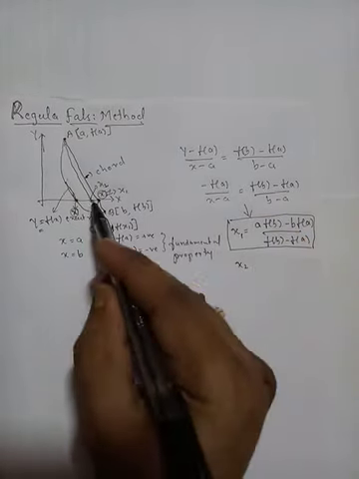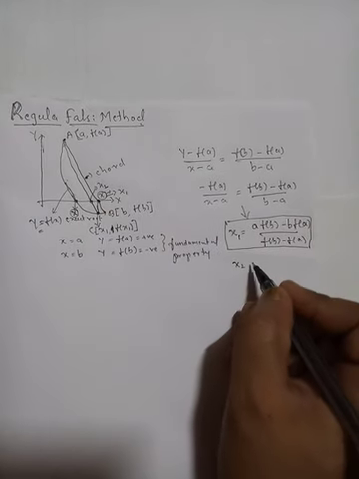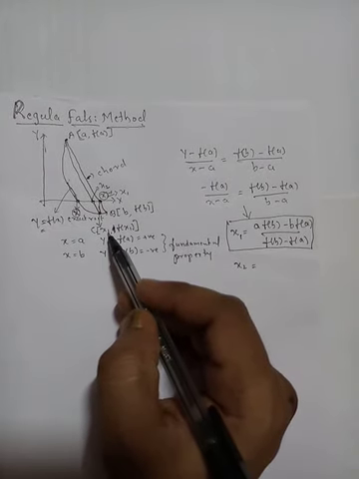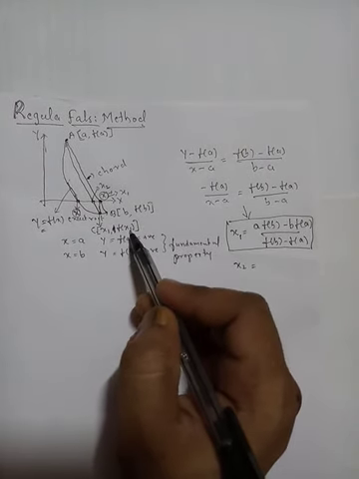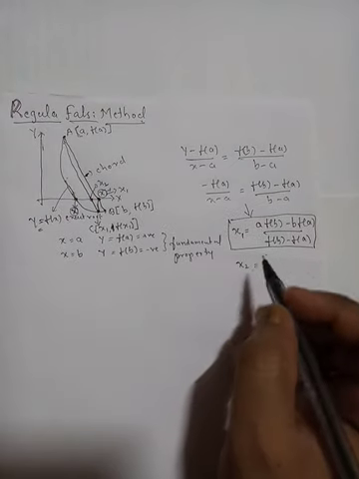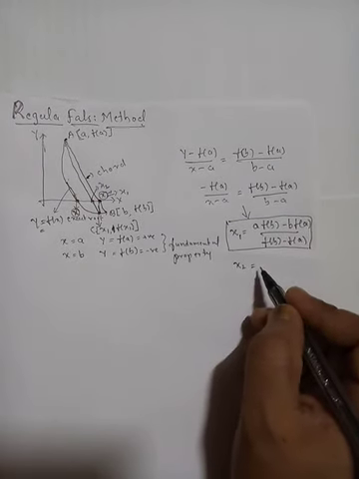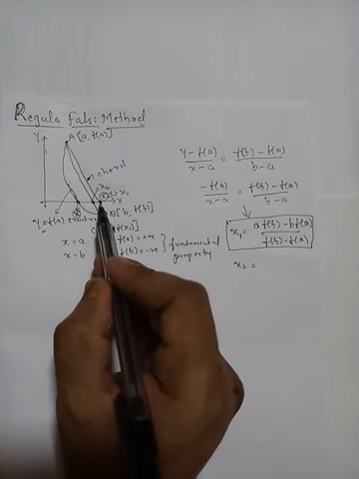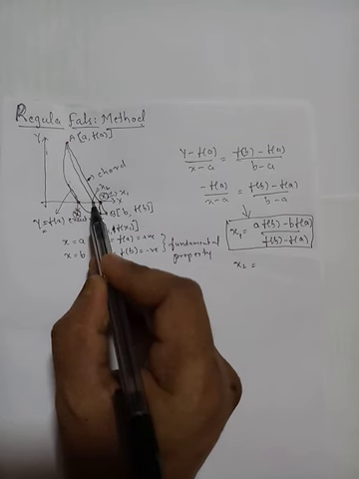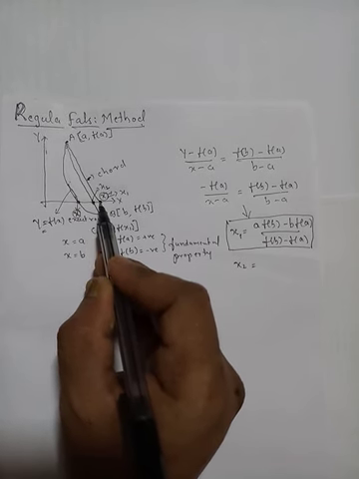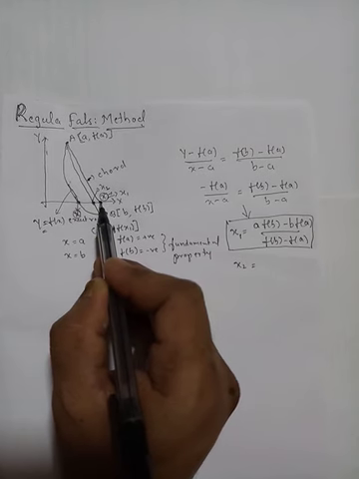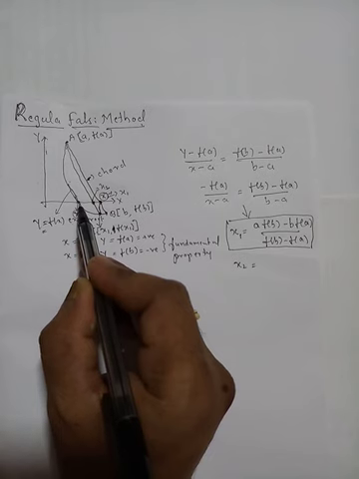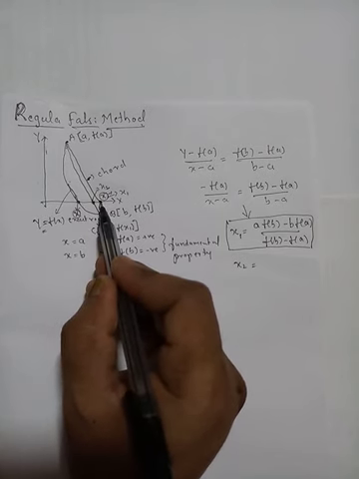So that x we denote as x2, right? This x2 is very simple, we are just replacing b by x1, and f of b by f of x1. So this is the second approximation, and geometrically we can see that this x2 is a better approximation than x1. So x2 is somewhat nearer to the exact value compared to x1.